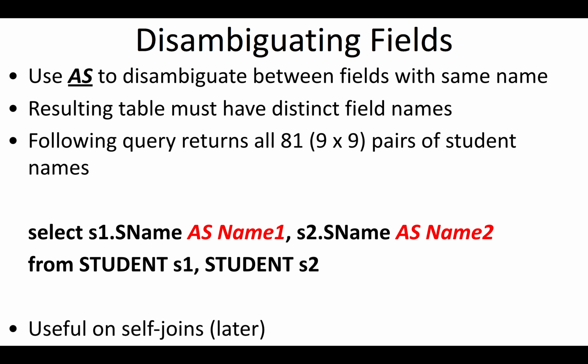First of all, if you have 2 tables, one of the things you need to consider is what if some fields in one of the tables are the same as in another one. For instance, in this case it's student and student, and notice that we have renamed them, so we can say S1 and S2. That's okay.